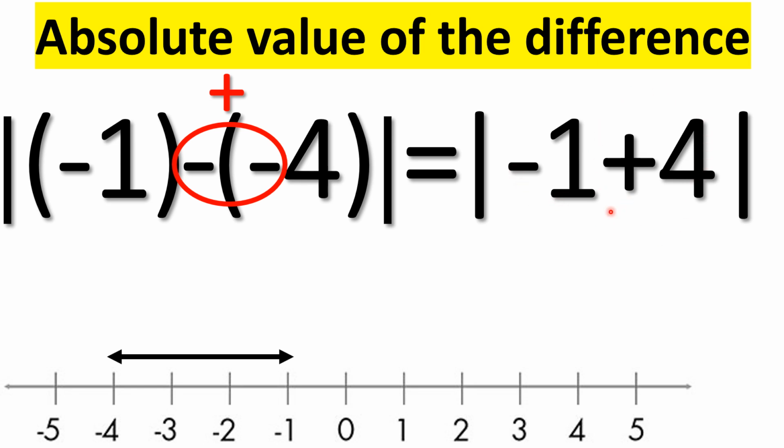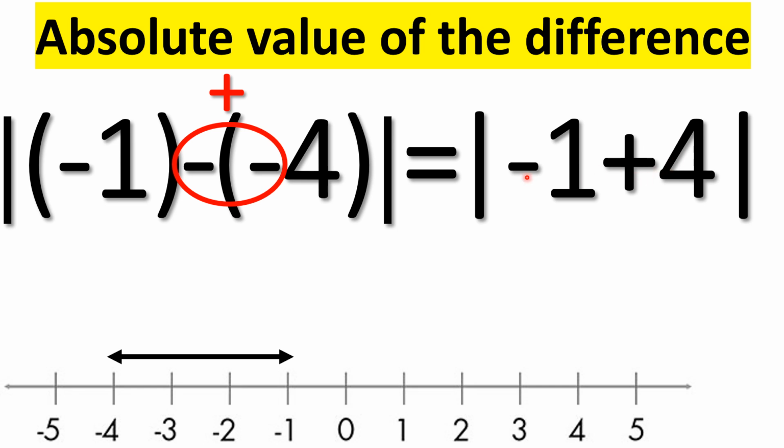Now my bigger number is positive. 4 is greater than 1. If you can check the previous videos we have on the channel, we explained how to add and subtract negative and positive numbers. The bigger number over here is 4. It is holding the positive sign, so the answer is going to be positive. Then subtract. So you put the sign of the bigger number and then you subtract.